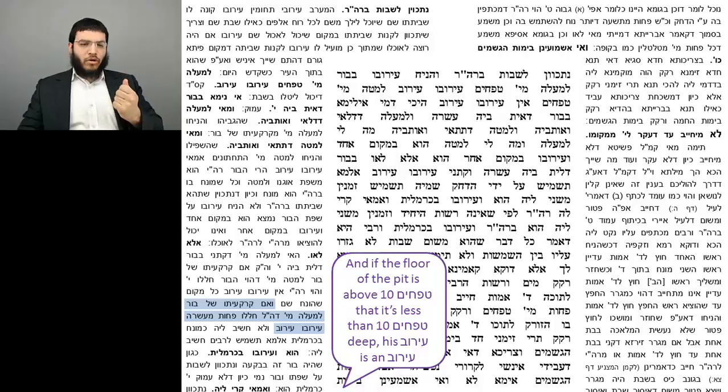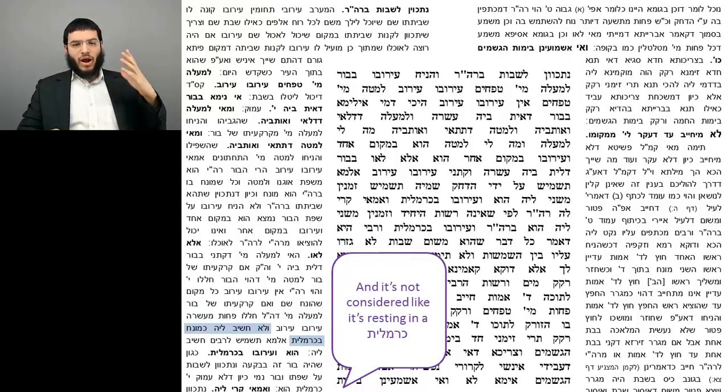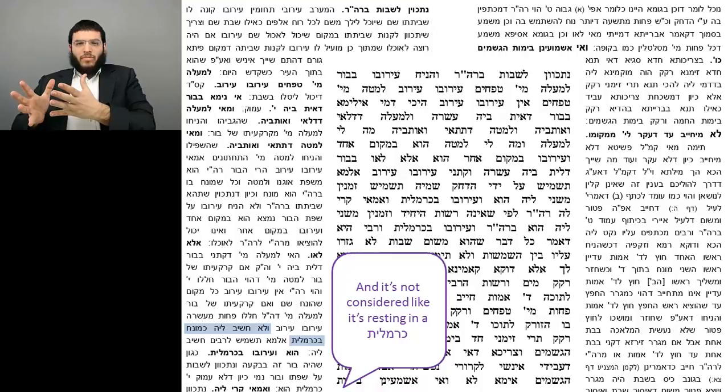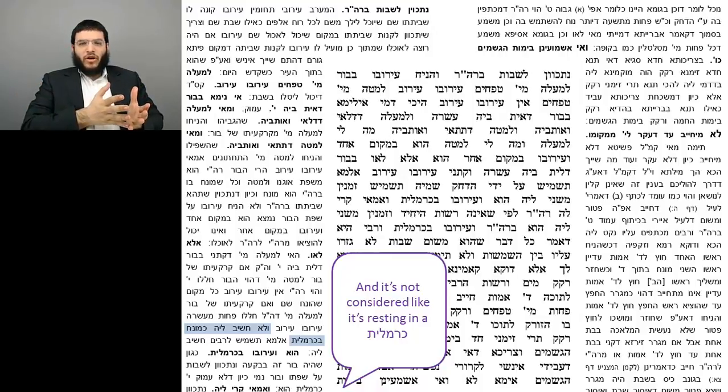And if the floor of the pit is above 10 tefachim, that it's less than 10 tefachim deep, the emptiness of the pit is less than 10 tefachim, the eiruv is an eiruv. Now, if he's in reshus harabim, and let's say it's 9 tefachim deep, it shouldn't be a good eiruv because it's a karmelis. This is a reshus harabim.